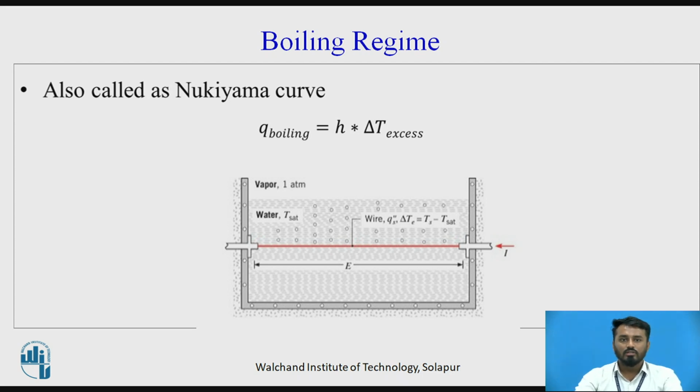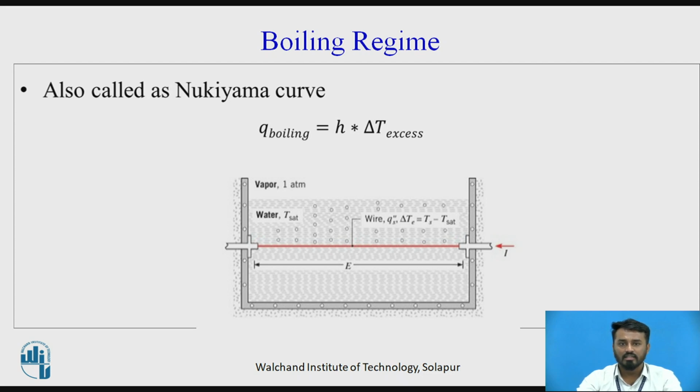The scientist Nukiyama conducted an experiment with water and a nichrome platinum wire. With that, he came up with a graph between boiling heat flux and delta T excess. Delta T excess represents the difference between the temperature of the wire and the saturation temperature.